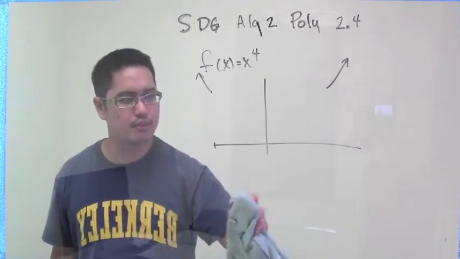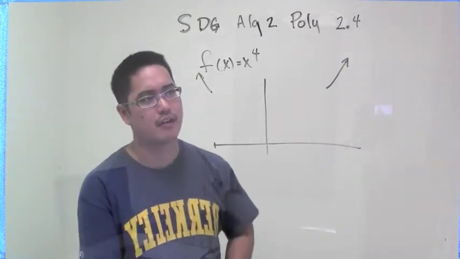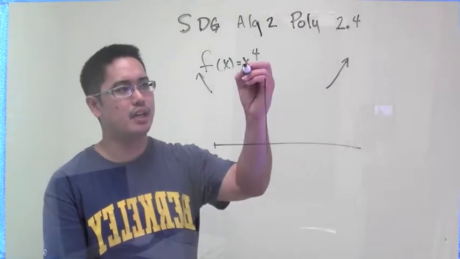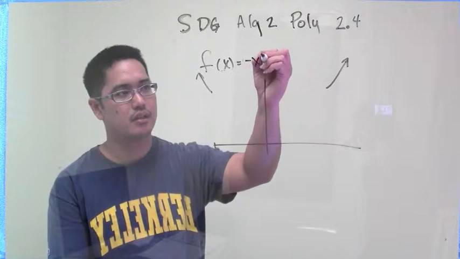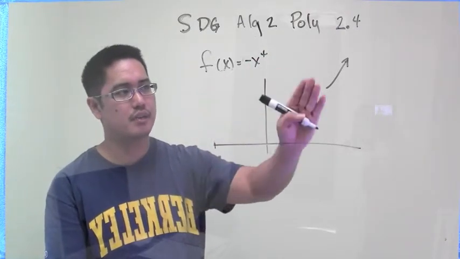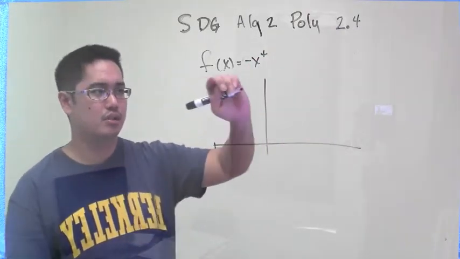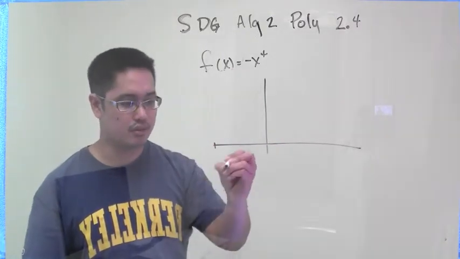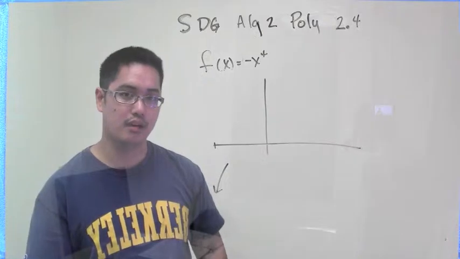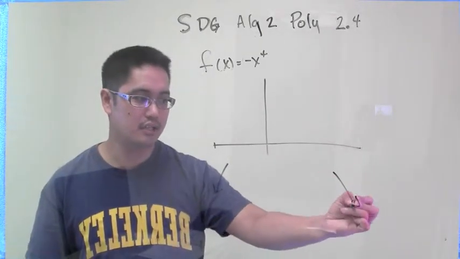Now this concept is pretty simple if I put a negative out in front. If I plug in a negative over here, that's really just telling me to take all of my answers and flip them upside down. So what this graph is going to do is it's going to start down and it's going to end down.